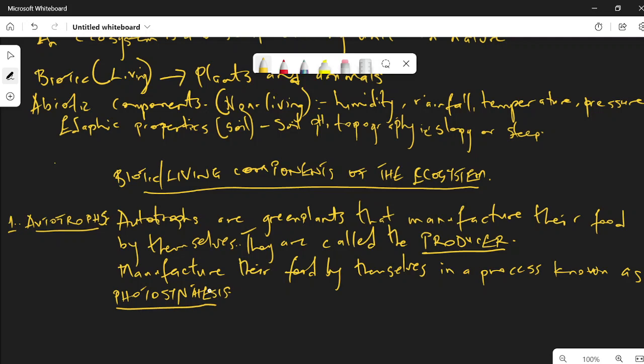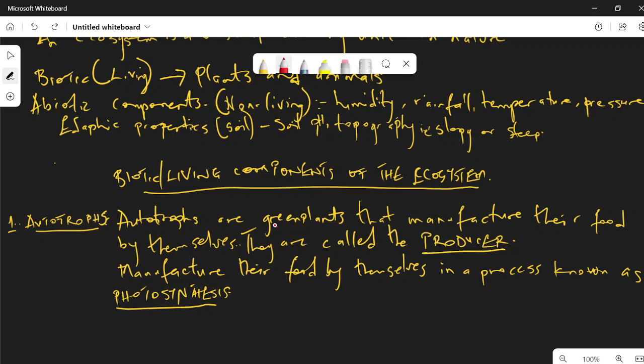So that is what we refer to as photosynthesis. That is the process by which autotrophs manufacture their food, and that is why they are referred to as autotrophs. Are we together? So like I said, when we talk about autotrophs, they are majorly green plants.